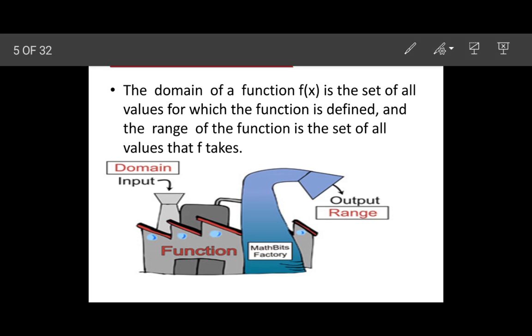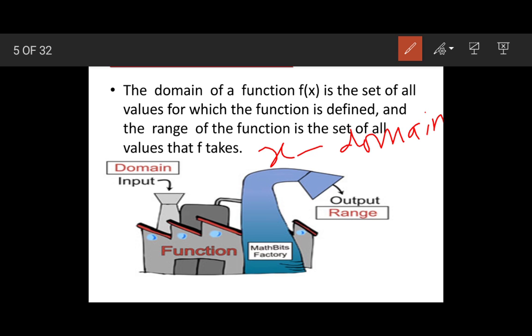So in simple language, we can say that the values for x are known as the domain. Okay, all values for x, all elements of x can be known as the domain, right? And values of the function or values for y, that is known as the range or codomain.